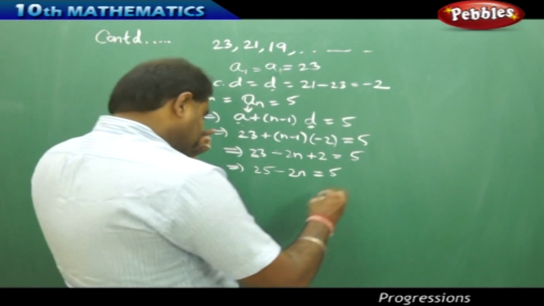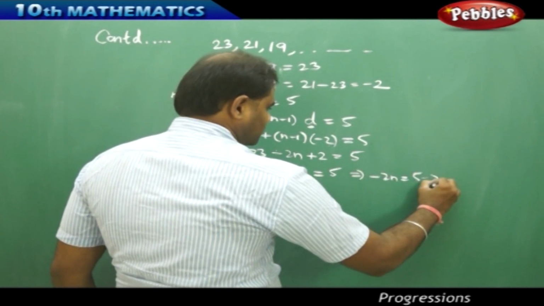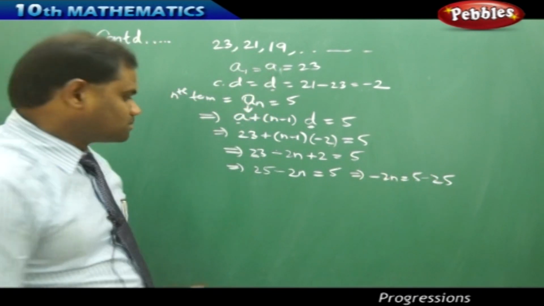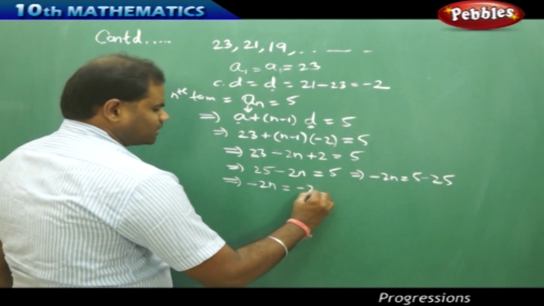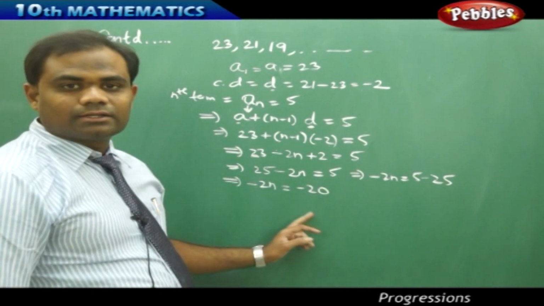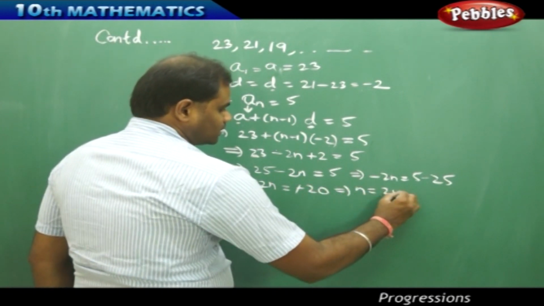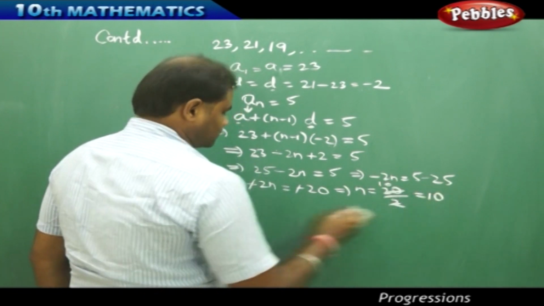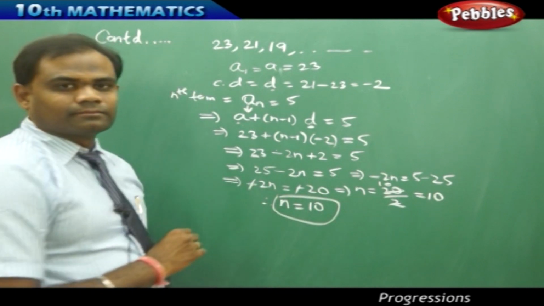Now, minus 2n equals 5 minus 25, which is -20. So the minus gets cancelled and I get n equals 20 by 2, which is 10. Therefore, n is equal to 10.